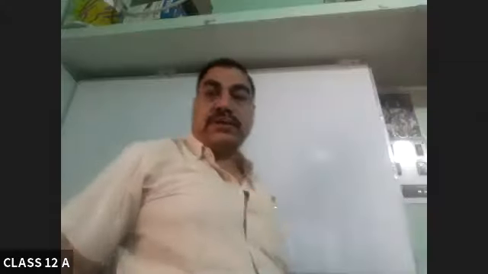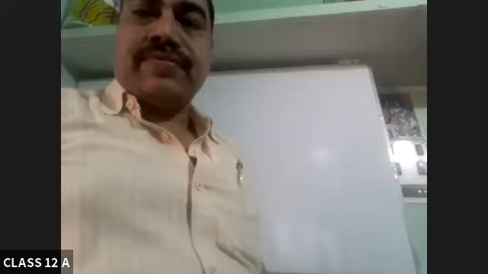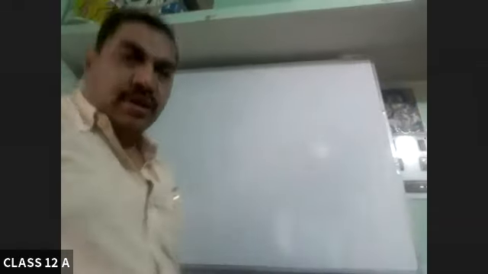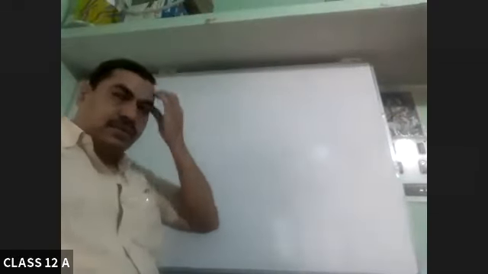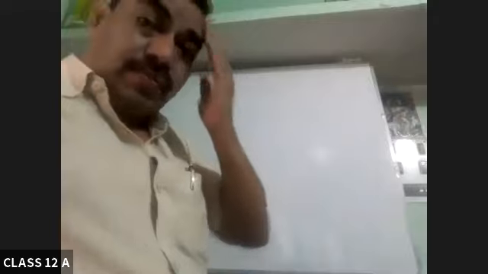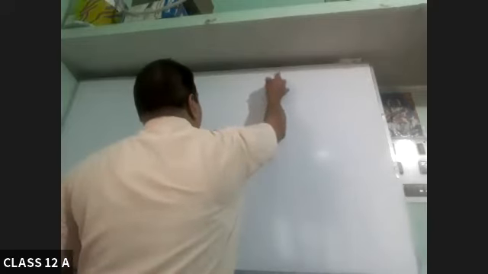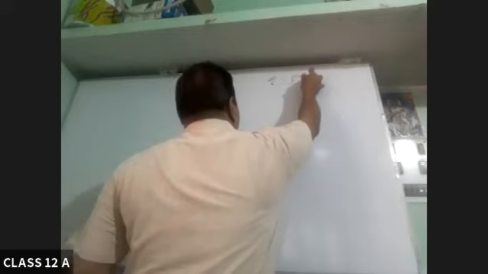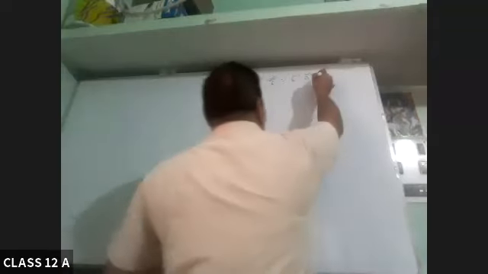So yesterday we were discussing electric flux. Electric flux we have already discussed, that is given by the dot product of electric intensity and area vector. So electric flux is a scalar quantity.